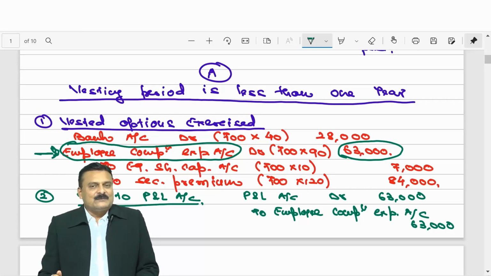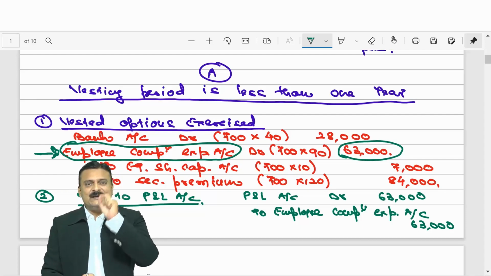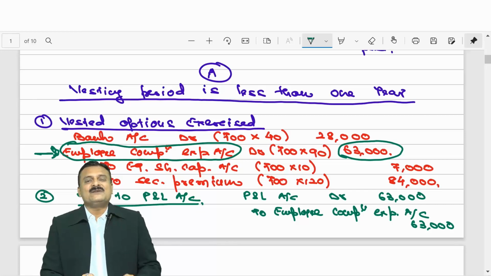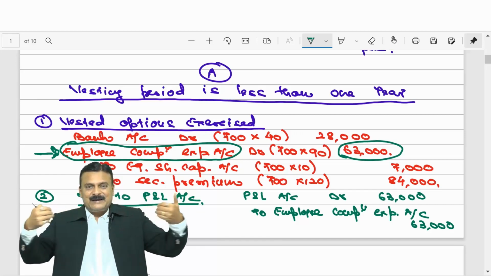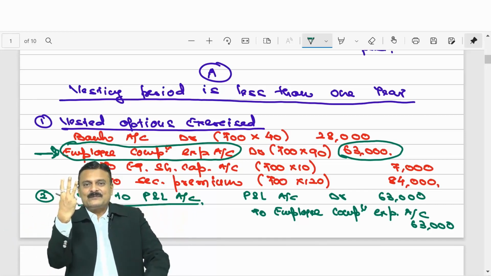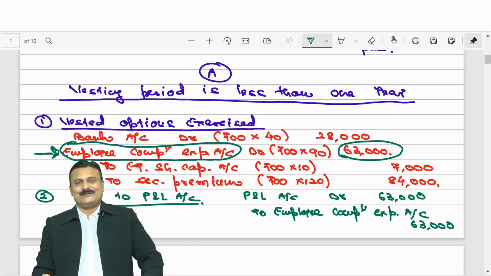A question can come, sir, if it is more than 12 months, what to do? Simple logic. Suppose the vesting period is 3 years, I am saying. Then your expense, in our sum the expense was 90 rupees. That 90 rupees expense will be spread over a period of 3 years. Accrual concept you can say.